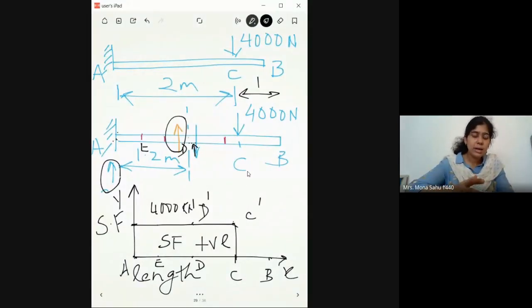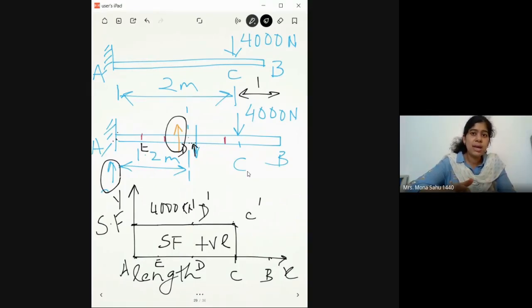We'll take a simple diagram and I'll teach you the rules of how to take the positive and negative, and how to draw the shear force diagram and bending moment diagram.